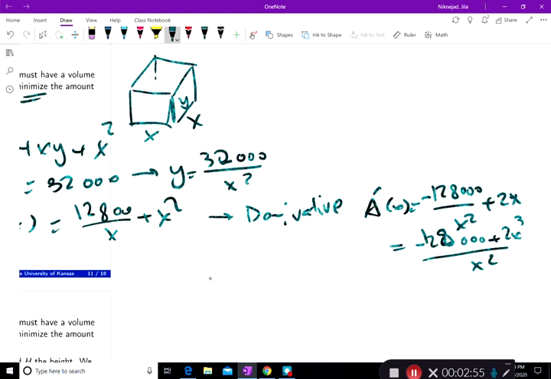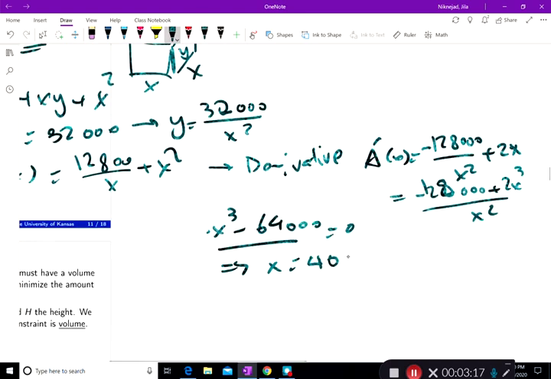Now, setting it to 0, I can factor 2 out on the top, and I get x to the third minus 64,000 equal to 0. This is going to give me x equal to 40. So x equal to 40 is a critical number.